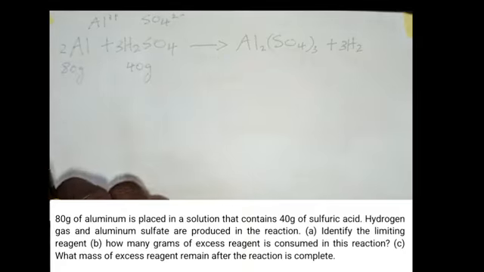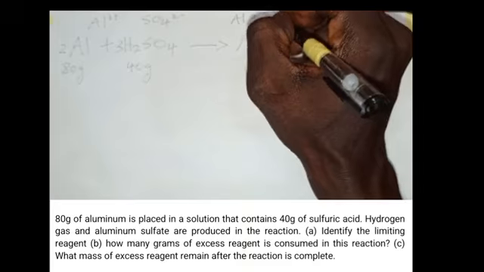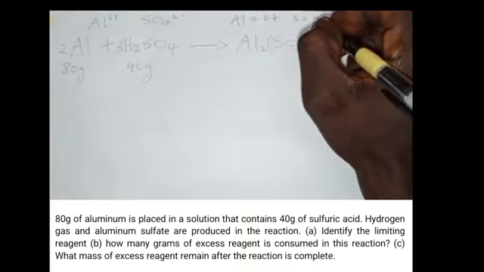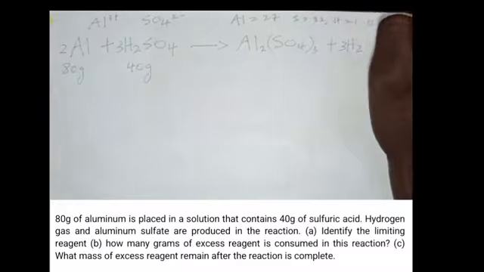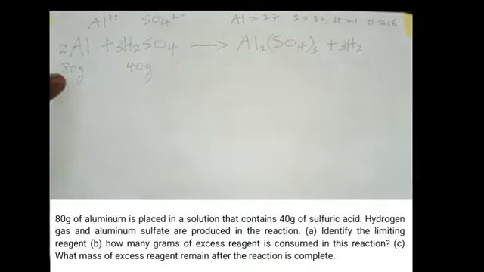For example, we all know that aluminum has an atomic mass of 27, while sulfur has atomic mass of about 32, hydrogen is equal to 1, oxygen is equal to 16. So these are parameters you need to know before solving this problem. So what do we do next? We are going to divide the given masses by the molecular weights alongside the stoichiometry coefficient.